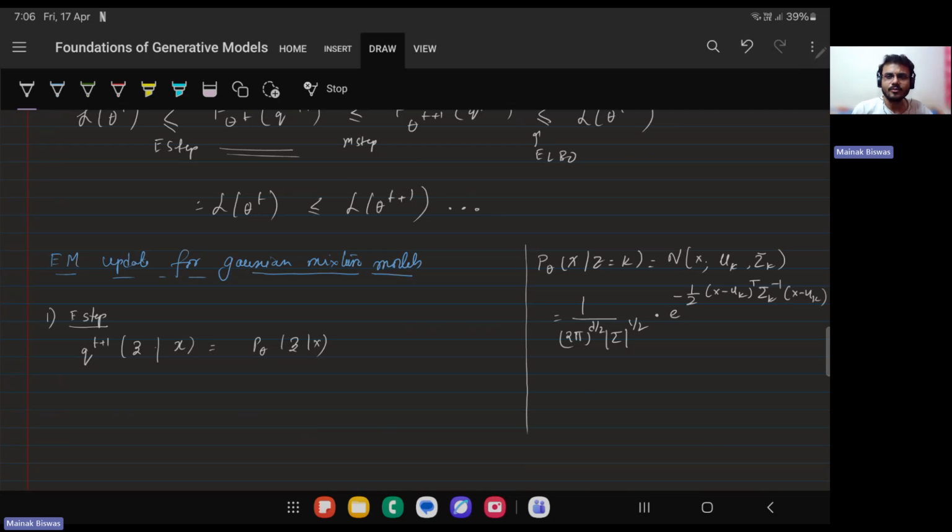This is how we define the PDF of a multivariate Gaussian.